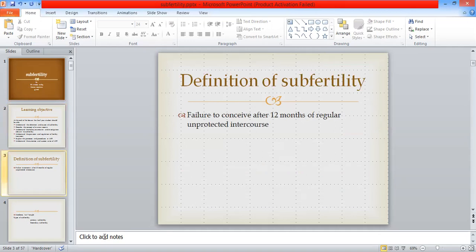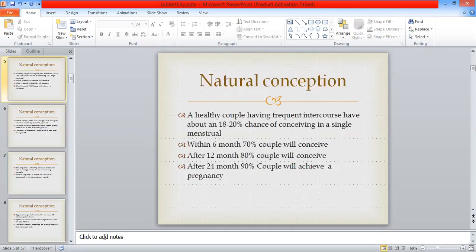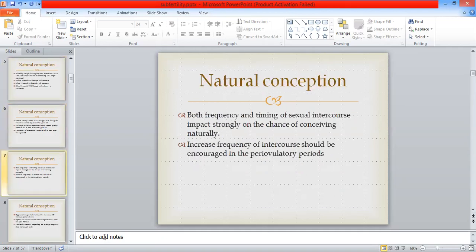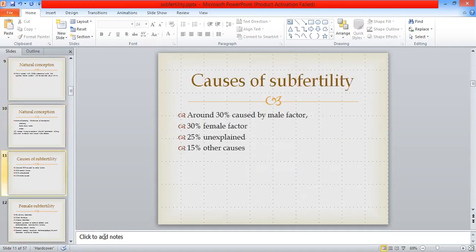This is a brief review of the previous lecture: what is subfertility, types of subfertility, natural conception, and causes of subfertility.